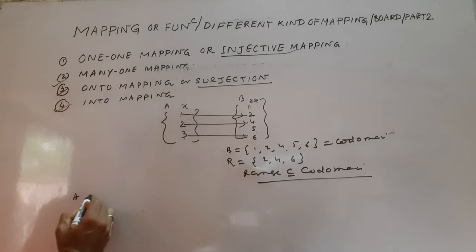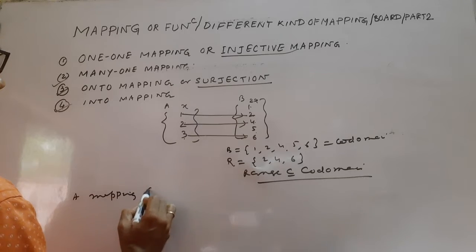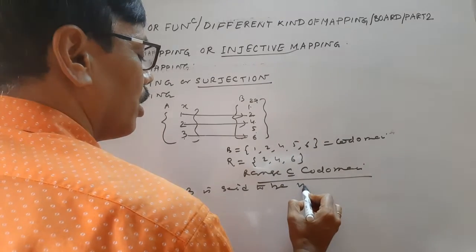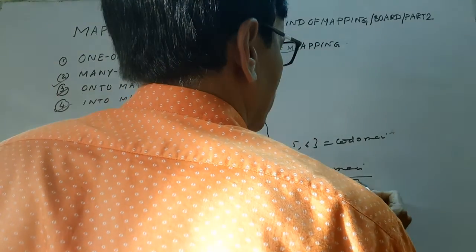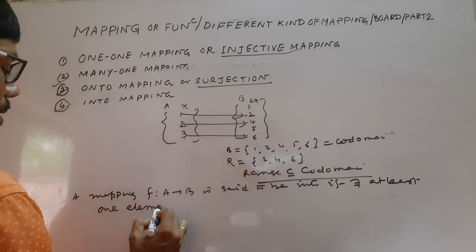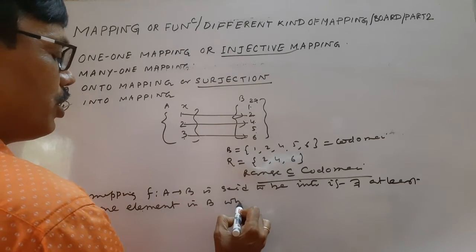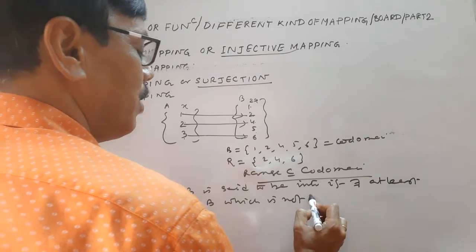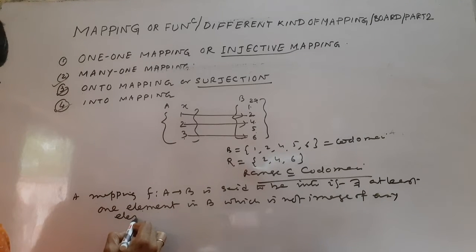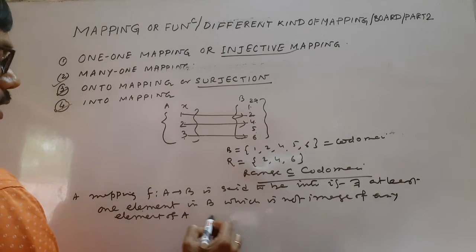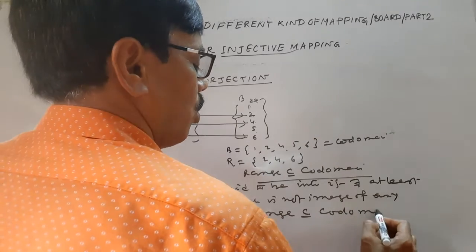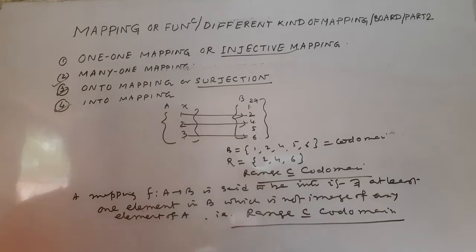So what is the definition? A mapping f from A to B is said to be into if there exists at least one element in B which is not image of any element of A. That is, range is a subset of codomain.